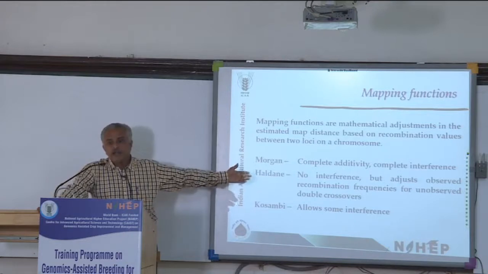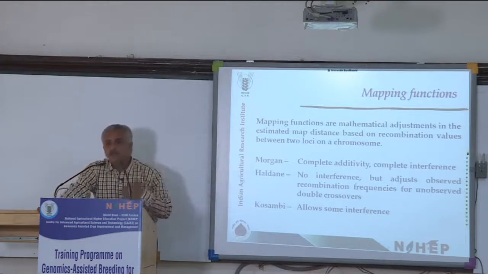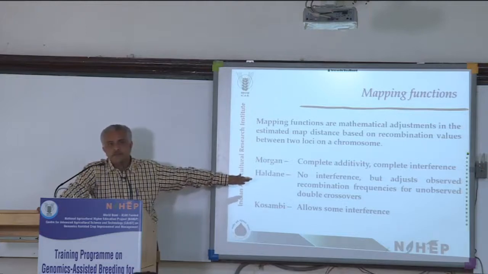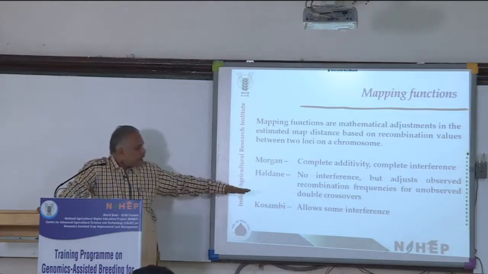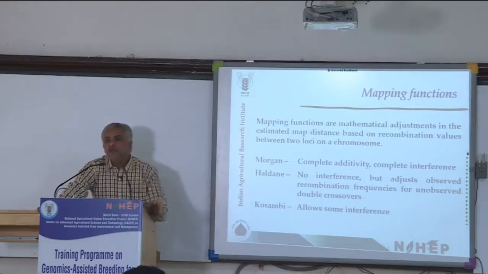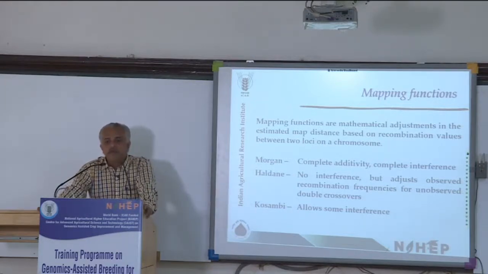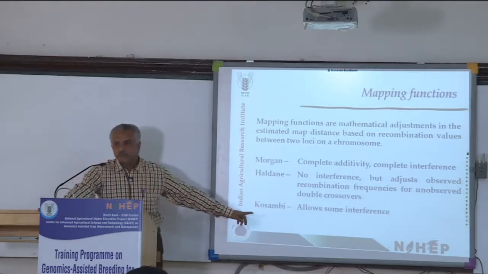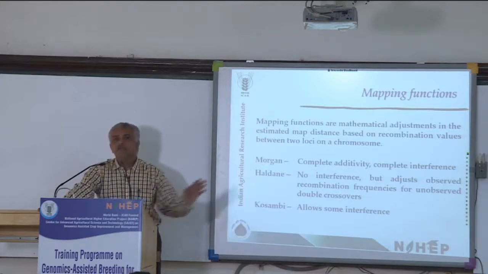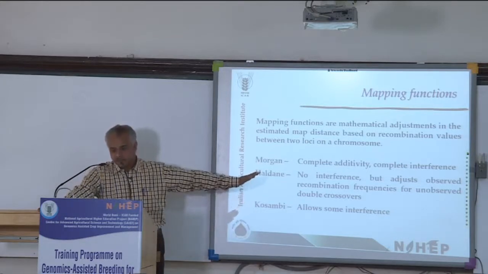In the case of Haldane, the function again does not permit interference, and Kosambi allows some sort of interference. In plant genome analysis, generally we use the Kosambi function, whereas in human genome analysis, mostly they use the Haldane function.